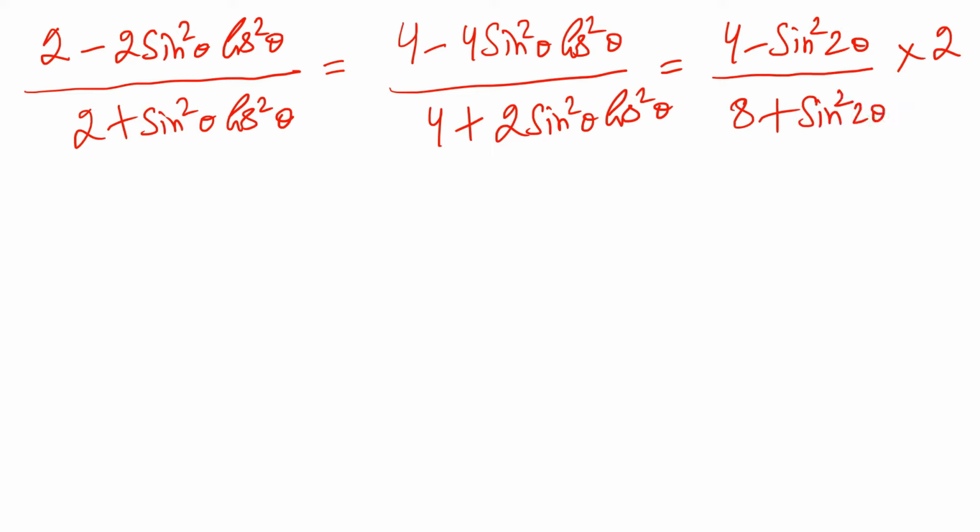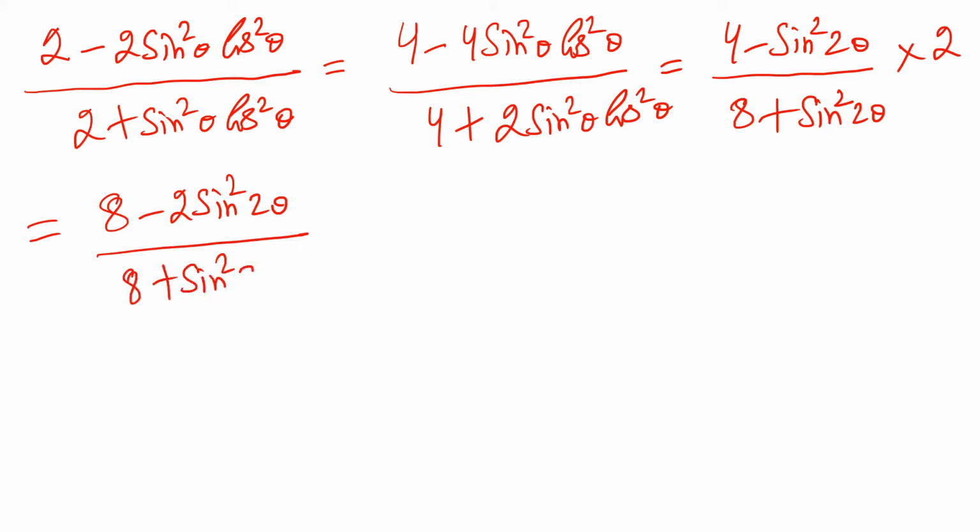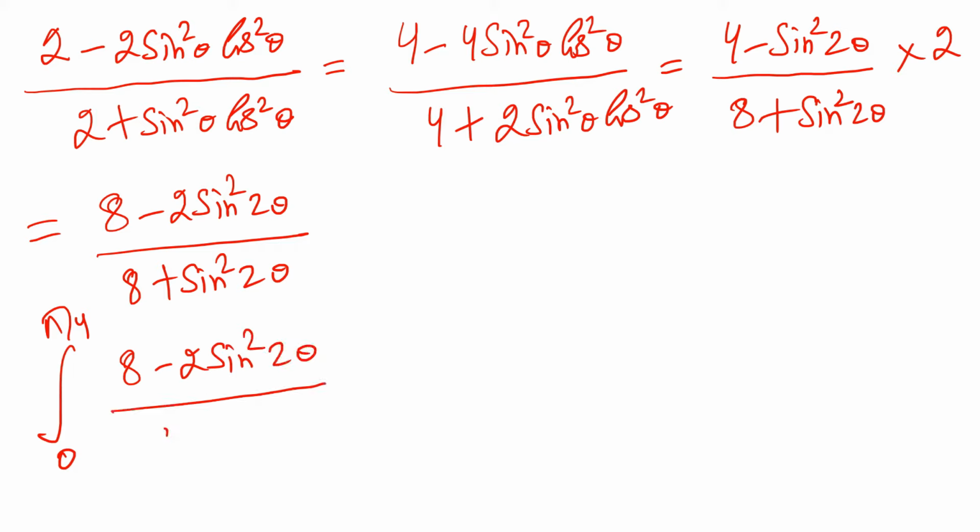Fine. So our expression finally becomes 8 minus 2 sin square 2 theta divided upon 8 plus sin square 2 theta. Now students, our integral finally becomes integral 0 to pi by 4, 8 minus 2 sin square 2 theta divided upon 8 plus sin square 2 theta.